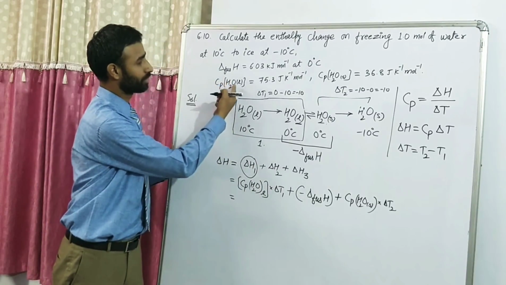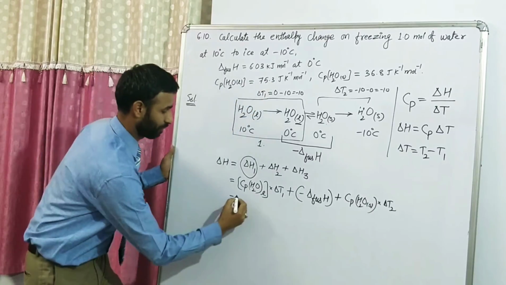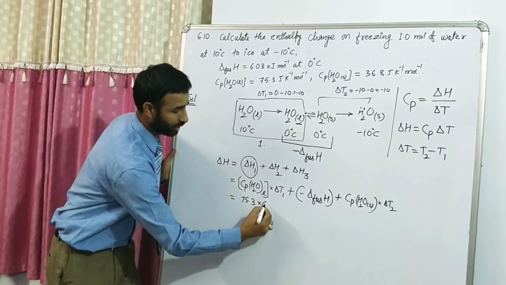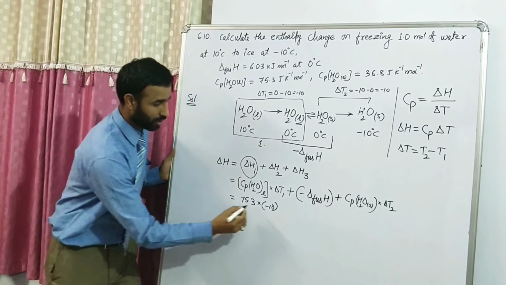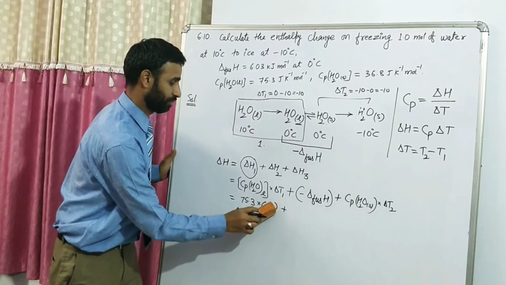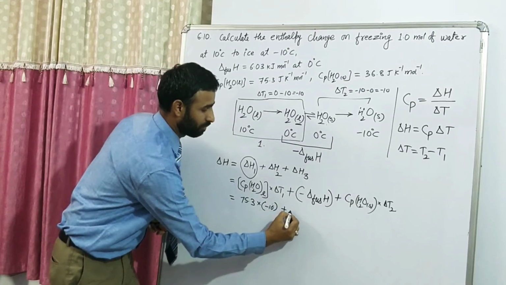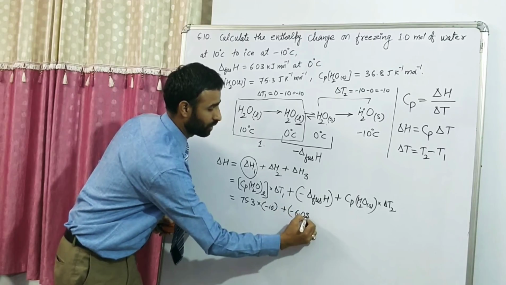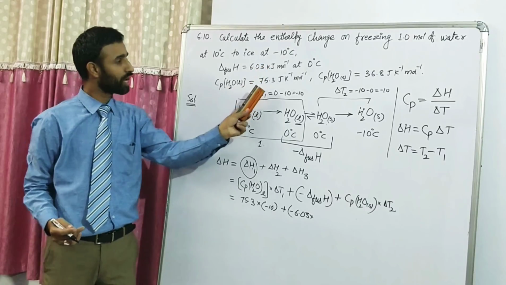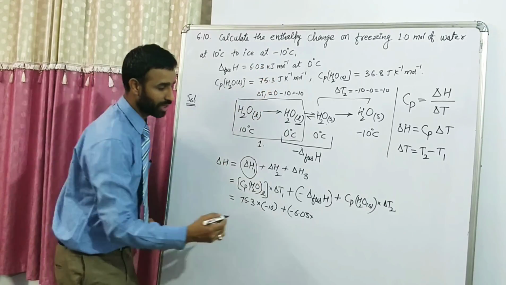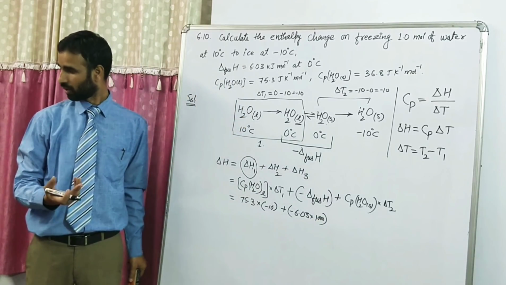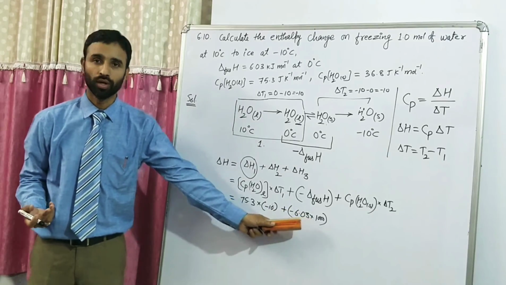Now come to this part. Cp of H2O liquid is 75.3, so 75.3 into minus 10, because delta T1 is minus 10. Next, delta H fusion is minus 6.03 kilojoule, in kilojoule, so we multiply by 10 to the power 3 to convert it into joule.